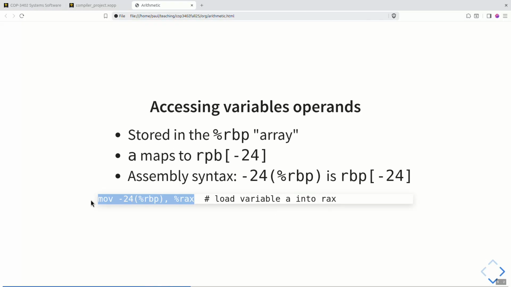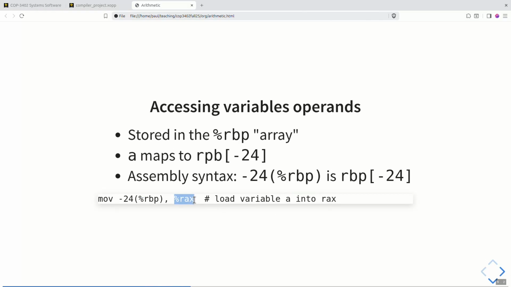Because for the program we had local variables, -24 was the offset for variable A. And remember that in the AT&T syntax, the destination register is on the right. So this is saying take the data at this address and store it into register RAX.